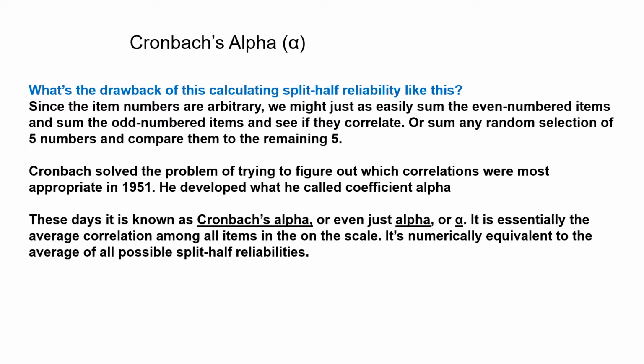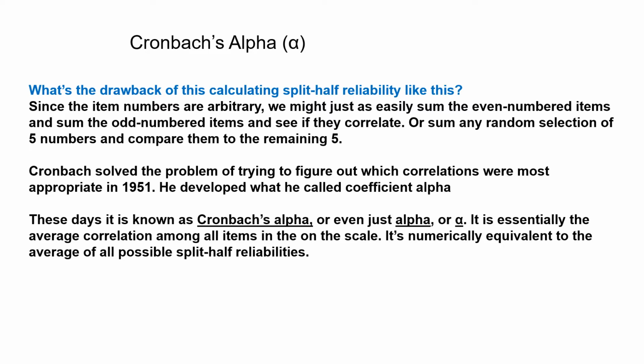So Cronbach's alpha is essentially an average correlation amongst all items in the scale. So it's doing all possible split half reliabilities. And there, you'll be able to find out if one of those items is bad. When you do Cronbach's alpha, it will spit out that that item is bad. How it'll spit it out is if you run a Cronbach's alpha with 10 items, and then you remove one of the items, if the Cronbach's alpha goes up, then that item is a bad item.